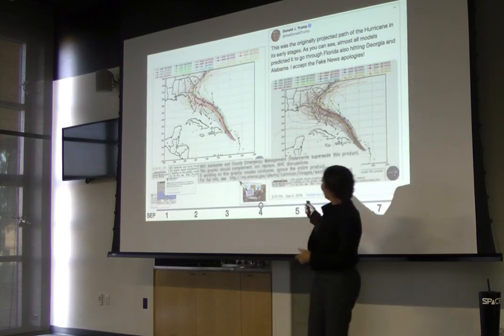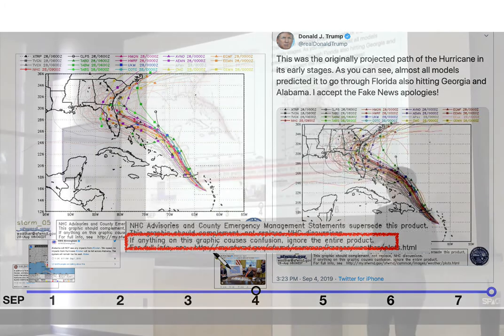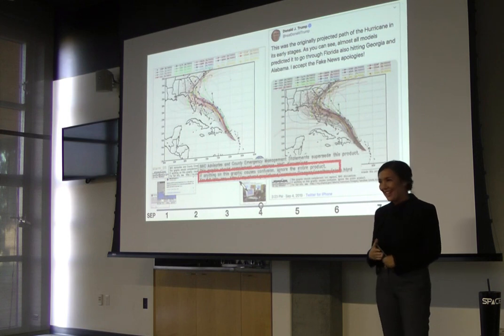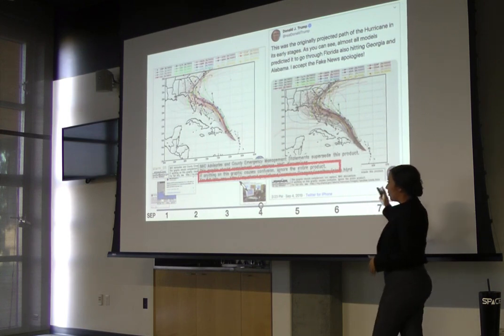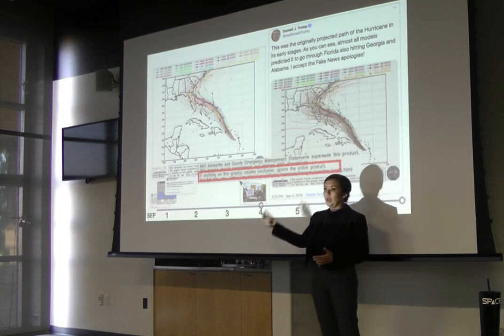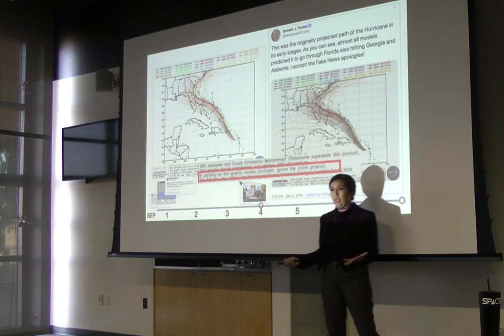So, the other thing I want to point out is, to their credit, the people who made this also said, if anything on this graphic causes confusion, ignore the product entirely. So they are aware that this is a supplemental product to what is produced by the National Hurricane Center. And they've made it with that intention, really.